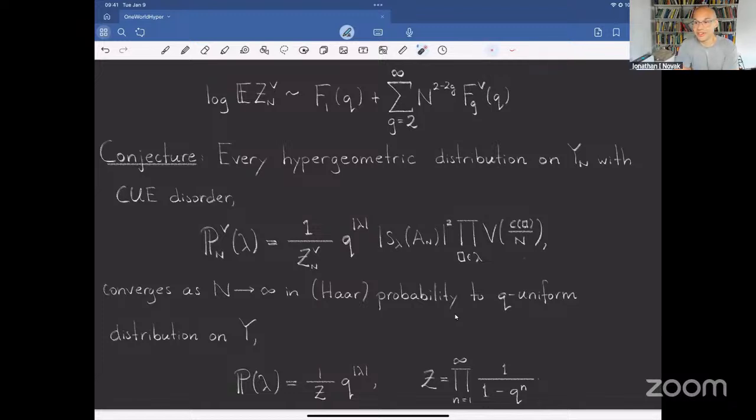You should get a law of large numbers in which the distribution, irrespective of beta, is q-uniform on all Young diagrams. I don't know how to prove that, but at least it's true in expectation. I think this really has not been done.